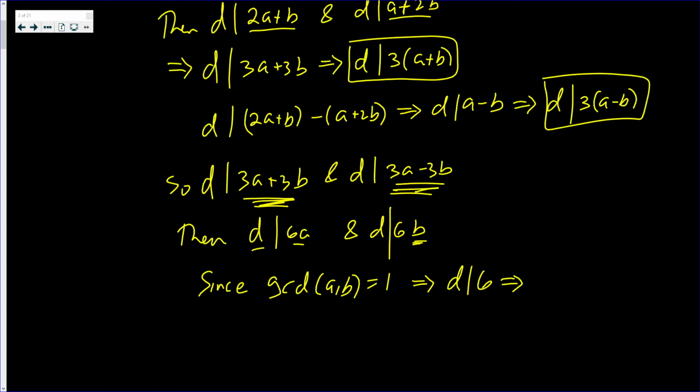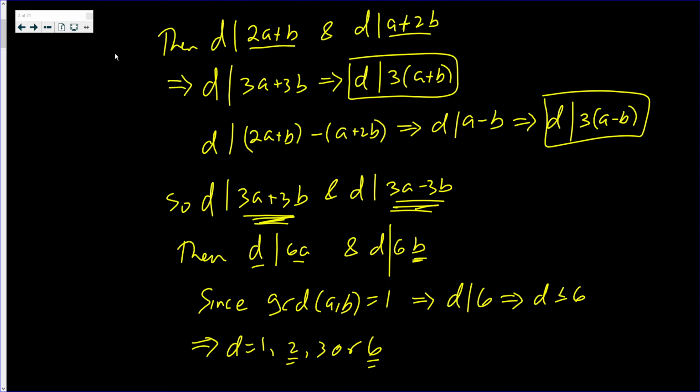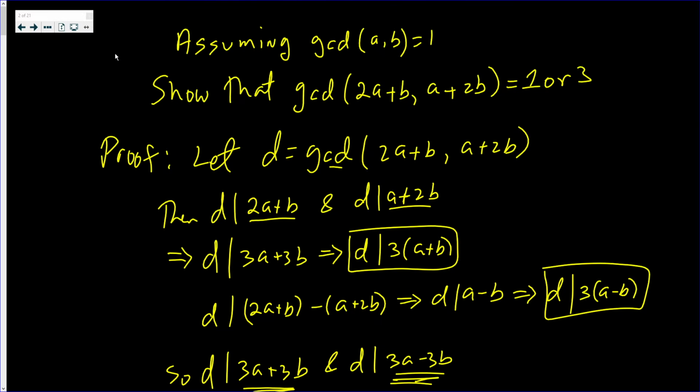Well, this implies that D is less than or equal to 6, which implies D equals 1, 2, 3, or 6. I want to eliminate 2 and 6 for obvious reasons, because D is only supposed to be 1 or 3.